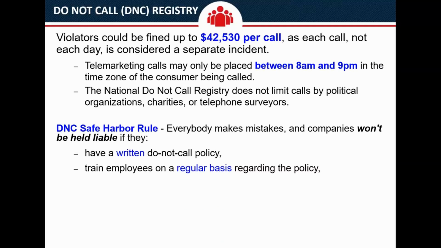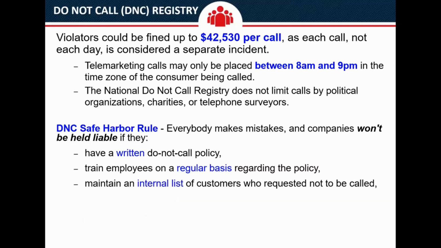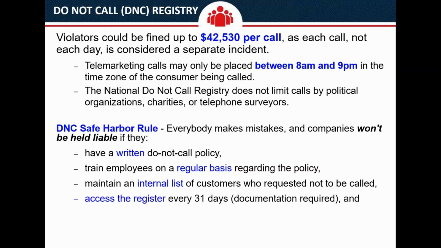If they maintain an internal list of customers who've requested not to be called. If they show proof that they've accessed the registry every 31 days and updated their list. So their internal list must be updated every 31 days. Also, they must be able to prove that the call was made in error.